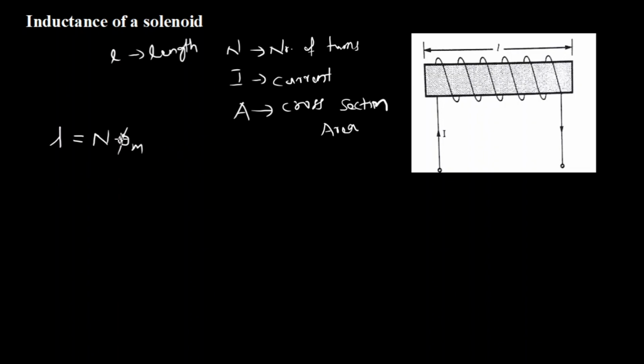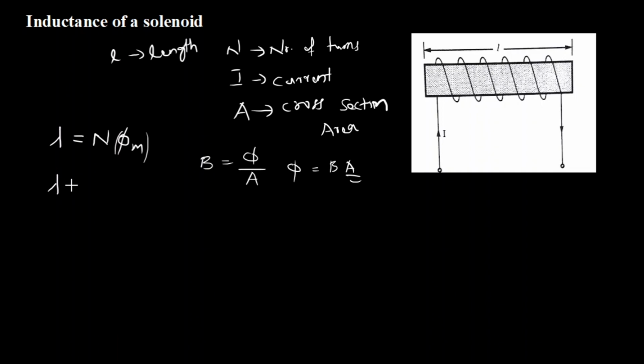Now I'll substitute phi m in terms of magnetic flux density. Magnetic flux density in general is the total flux divided by area, so phi by A gives B. Therefore phi is B into A, where A is my cross sectional area.